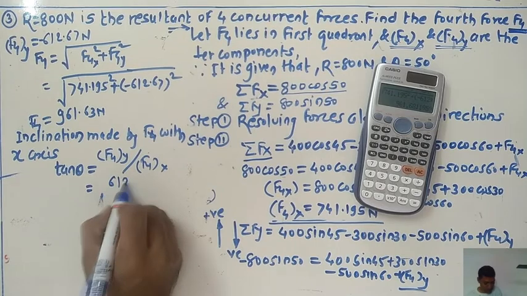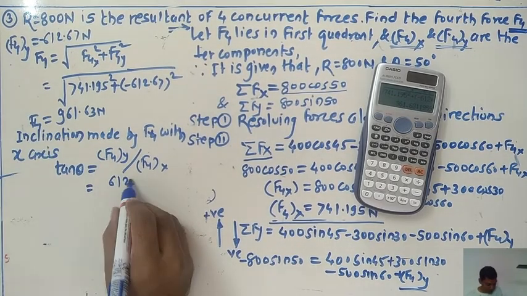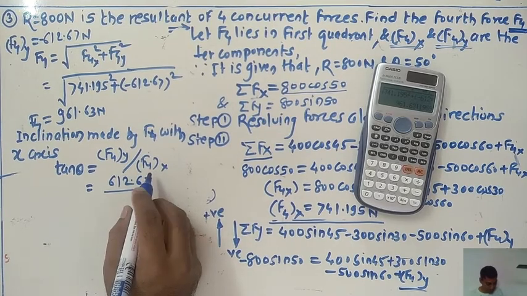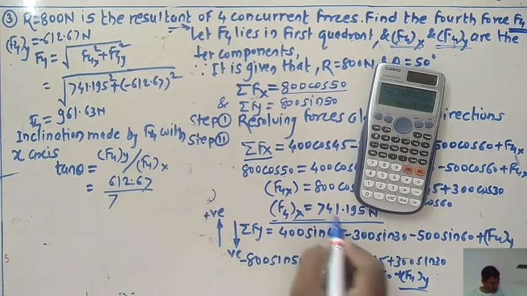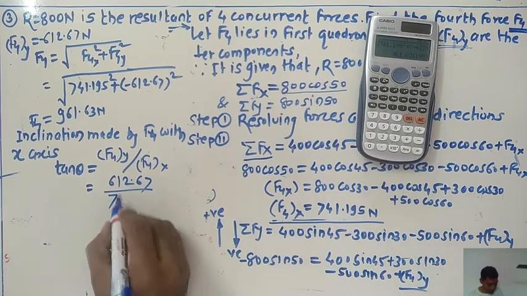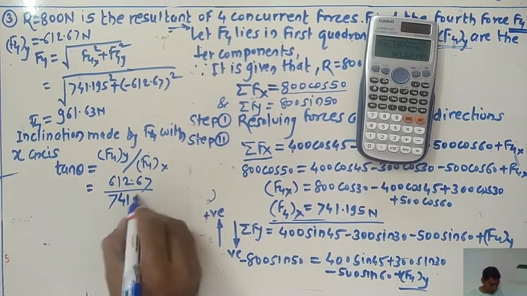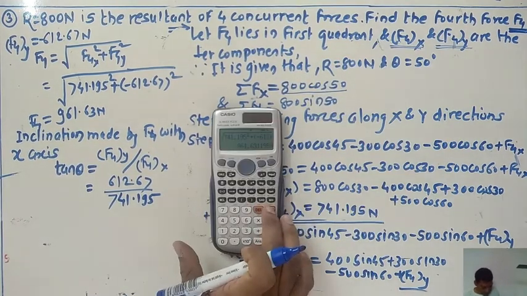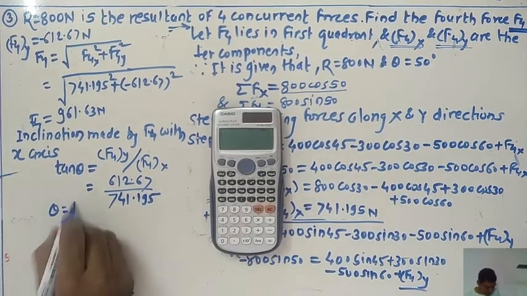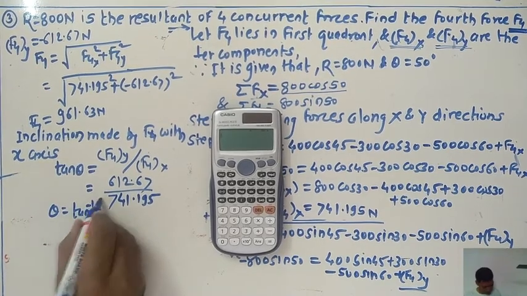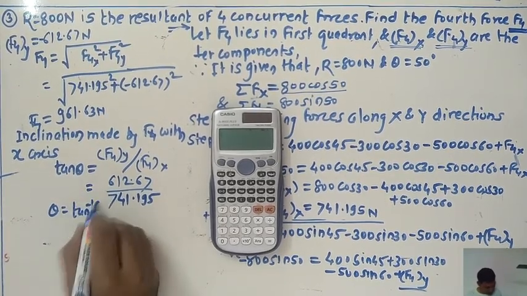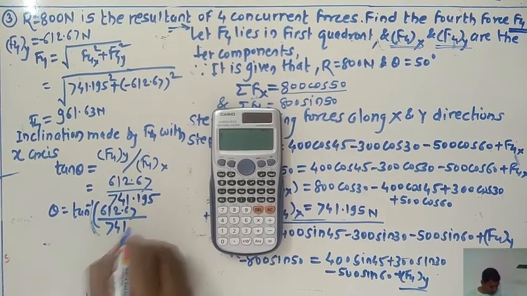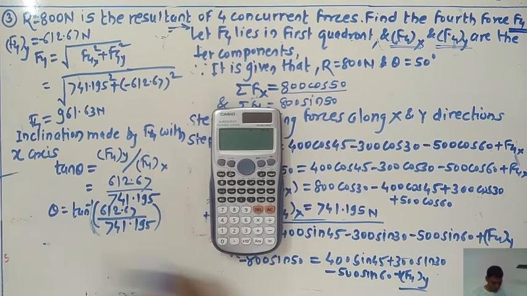F4y is 612.67. Right now, don't consider this minus sign here. Divided by F4x. What is F4x with us? F4x is 741.195. Do the calculation here. Now theta we can get by taking the tan inverse of this term: tan inverse of 612.67 divided by 741.195.